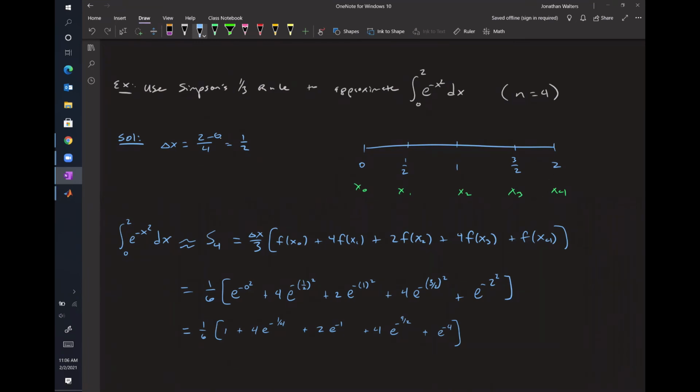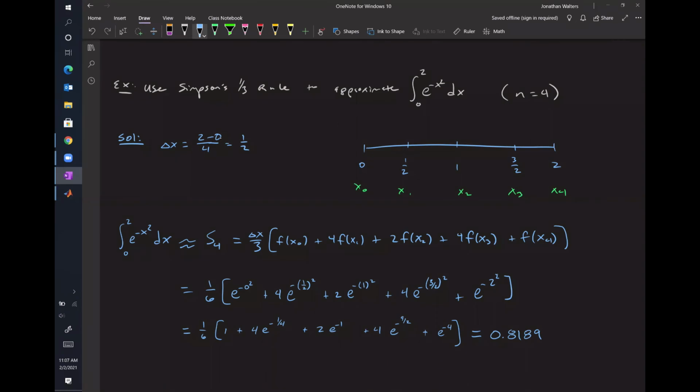And as soon as somebody gets it, let me know what that is to 4 decimal places. Okay, 0.8189.